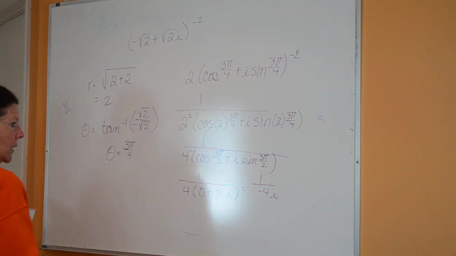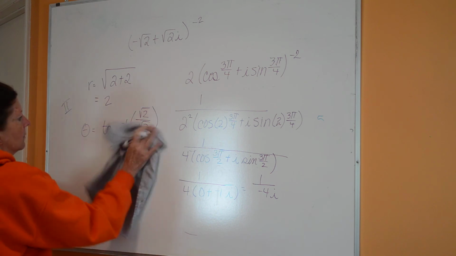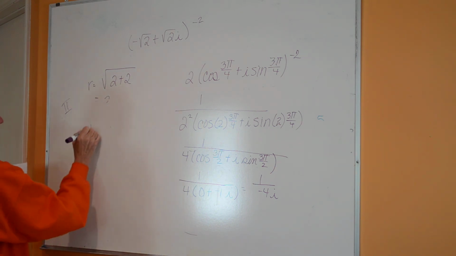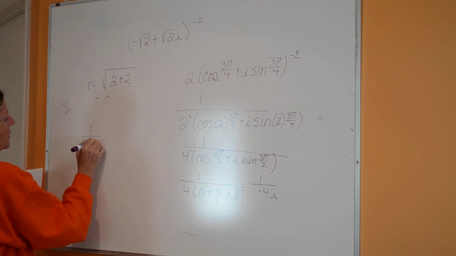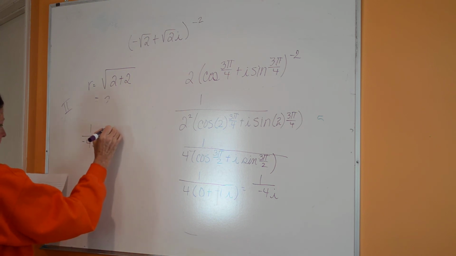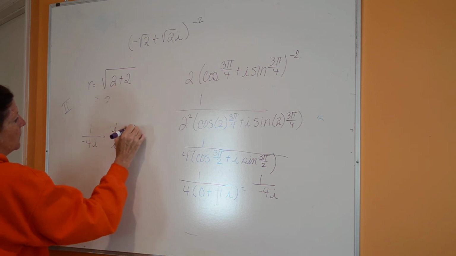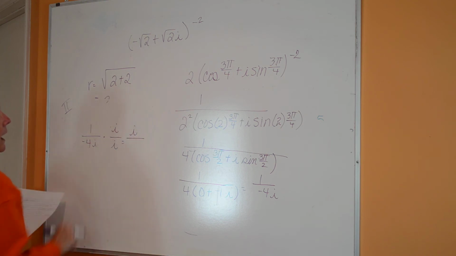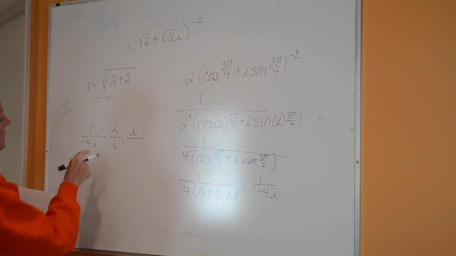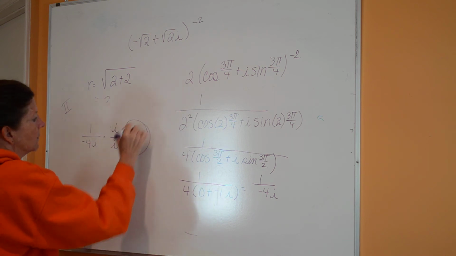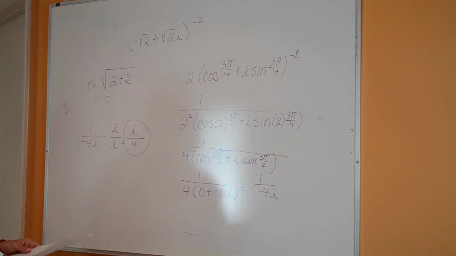I have to get rid of the i on the bottom, so I'm going to multiply the top and the bottom by i, giving me i over, i times i is i squared, so it's going to be negative 4 times negative 1, which is positive 4. So that's going to be my final answer for that.